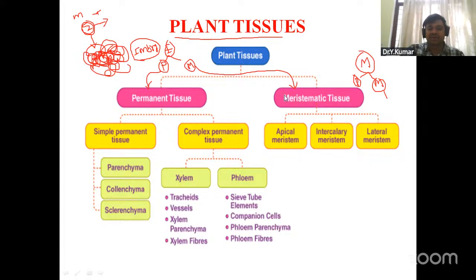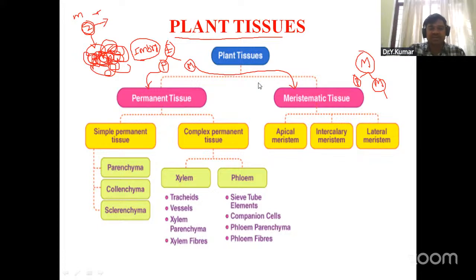The meristematic tissue has the capability of division. But permanent tissue does not have the capability of division. But whenever necessary, they can regain the ability of division. The division capability is mainly present only in meristematic tissue, but not in permanent tissue, right?